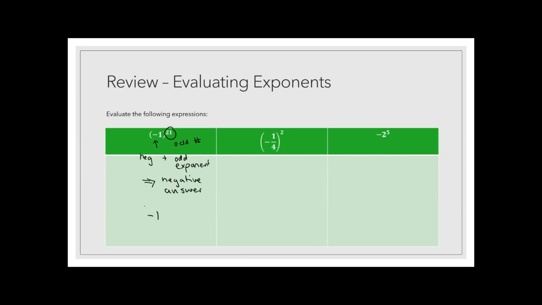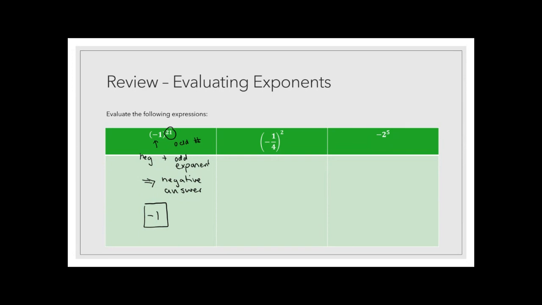So that means our answer here is going to be -1, because we know 1 times 1 times 1, you're always going to get 1. And then because we have a negative involved, we have to determine whether our answer is positive or negative. It's an odd number, so our result is negative, so our answer is -1. You can verify that by putting it in your calculator. And when you enter it in your calculator, it's really important to have parentheses surrounding the -1 to make sure that you are entering it correctly.